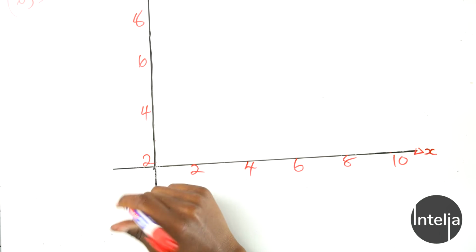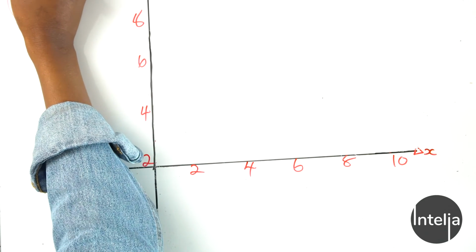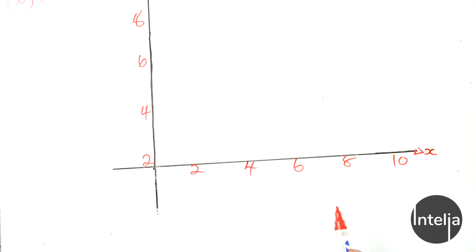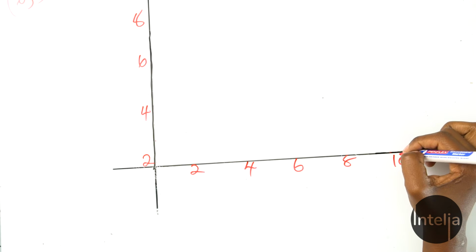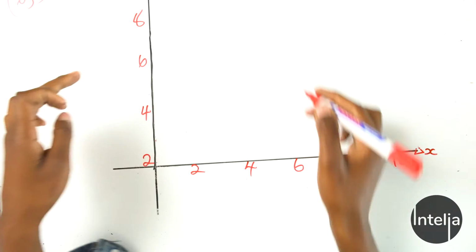So remember, the distance between the points (6, 8) and (6, 3) is the length of the line segment that connects them. So this one is the x-axis and the y-axis. On the x-axis we have 6 and on the y-axis is 8.